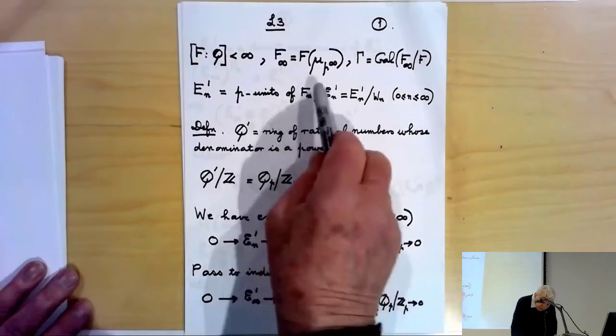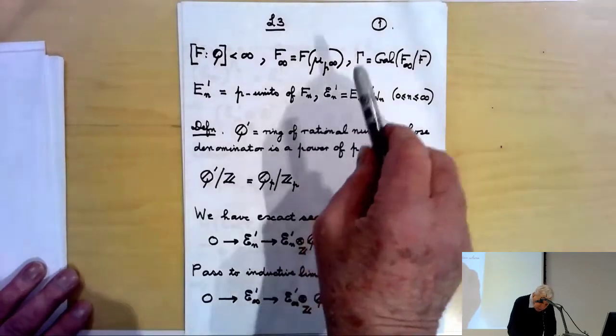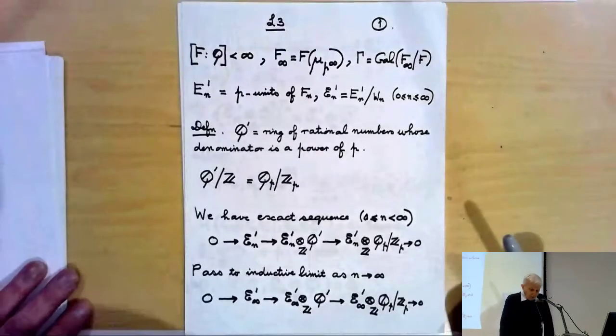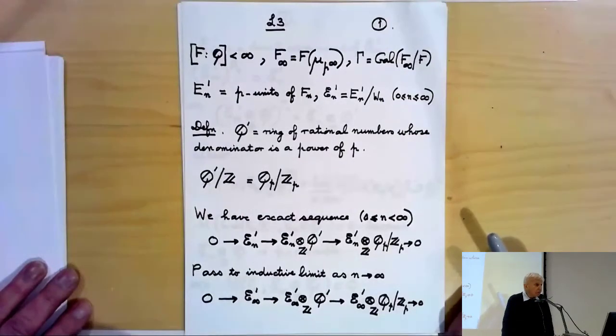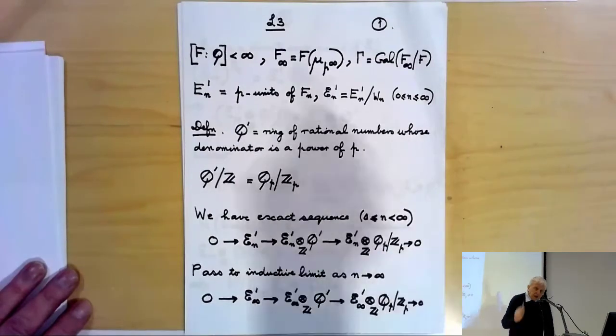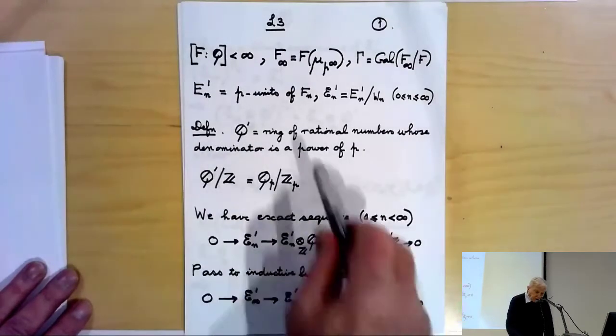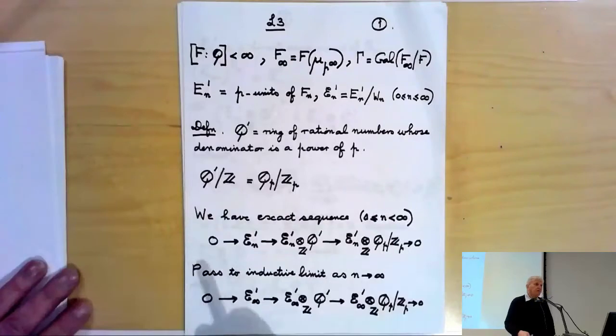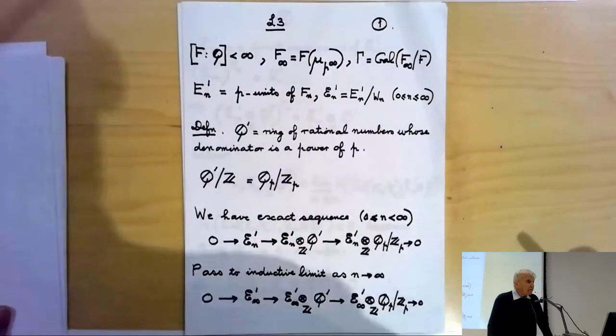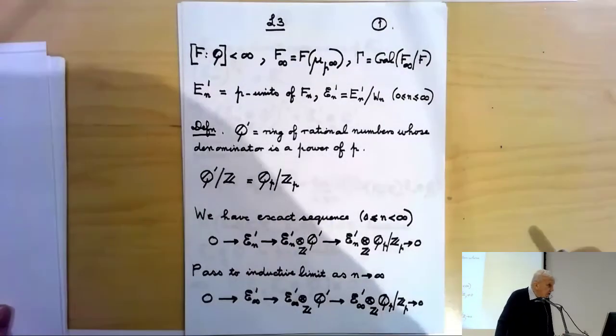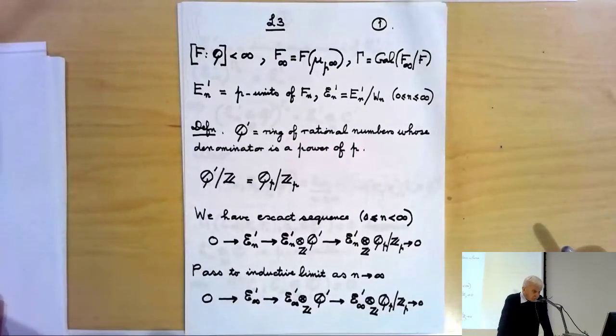And this curly E_n prime is simply E_n prime divided by the appropriate torsion subgroup, the roots of unity. And we actually proved last time that even for n equals infinity, for n finite, of course, that's obviously a free abelian group, but even for n equals infinity, it is a free abelian group.